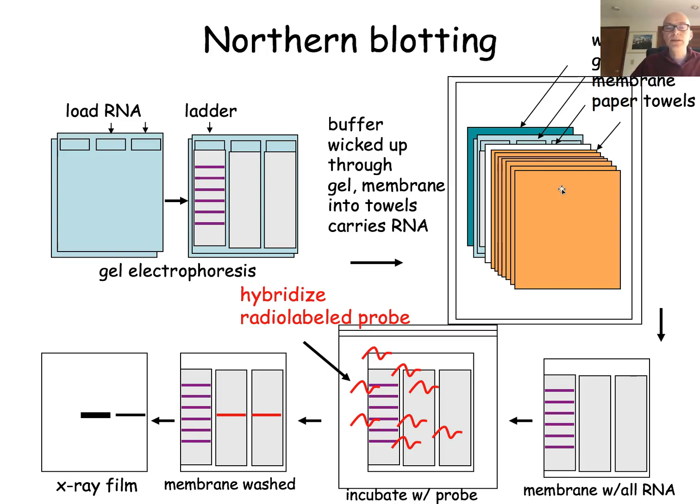You just cut them to size, stick them on top, and that helps now sucking the buffer through the gel, through the membrane, into the stack of paper towels, and by doing so, depositing the RNA from the gel onto the membrane. So it basically sucks the buffer up from the reservoir, from the glass tray, through the membrane and into the paper towels.